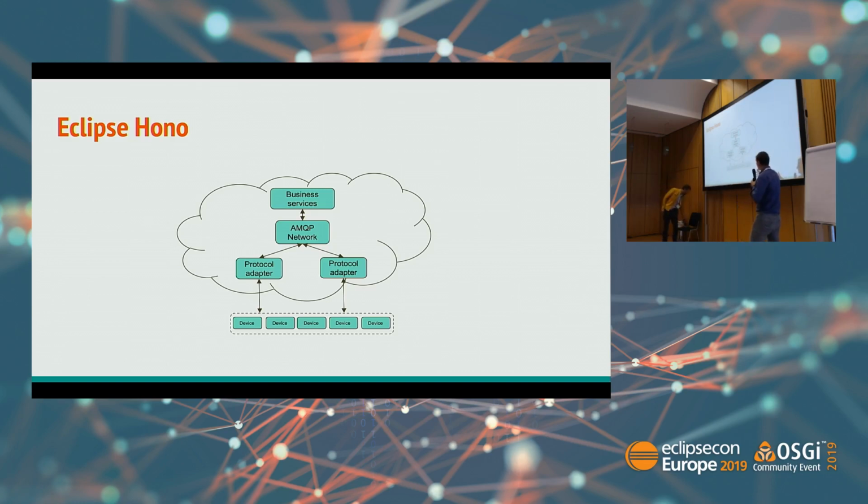So everything is microservices. We have a couple of different services there: protocol adapters dealing with protocol translations and onboarding devices into the cloud, a messaging network, the application network that we mentioned before, and then behind that we have business services, right?